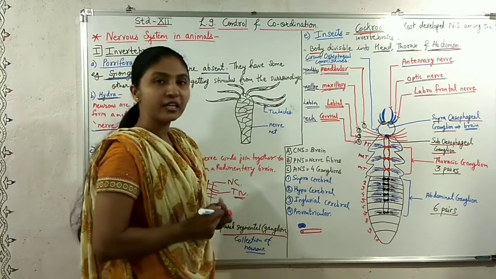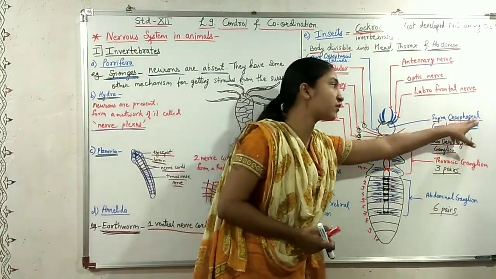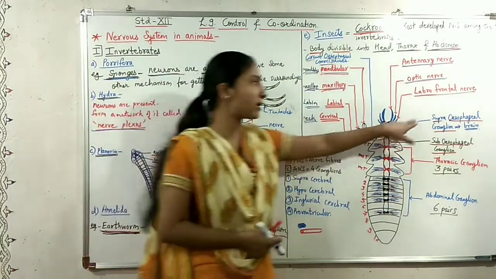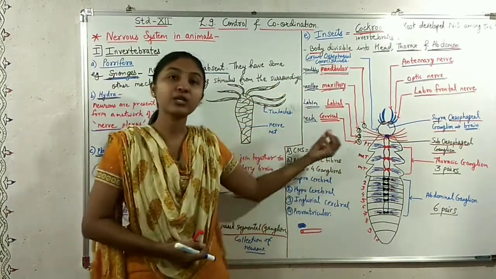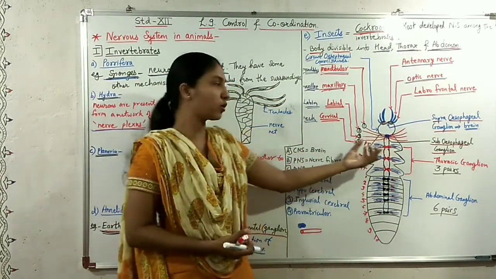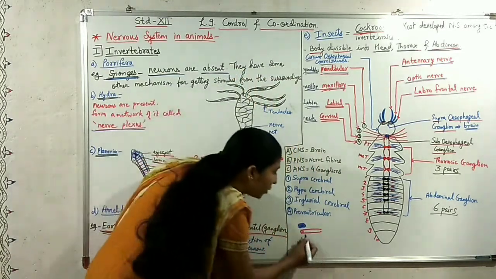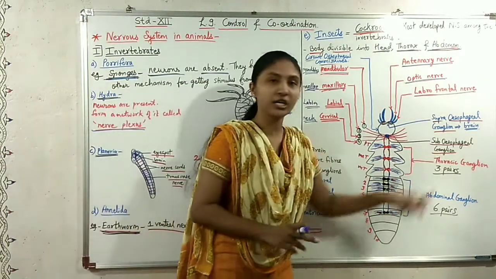This larger ganglion above the esophagus is called the supraesophageal ganglion, because it is situated above the esophagus. It acts as the actual brain in the body of cockroach. Now, there is a smaller ganglion which is present below the esophagus, that is called the subesophageal ganglion.